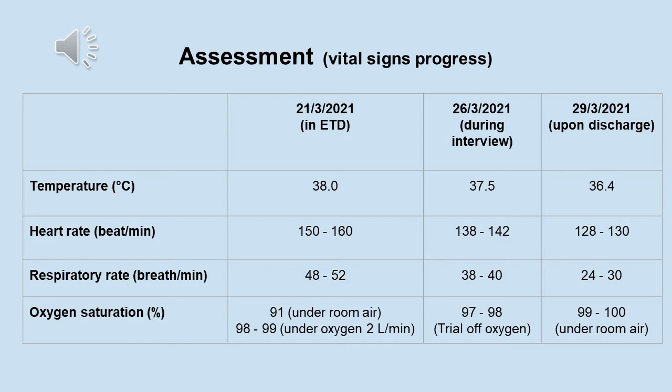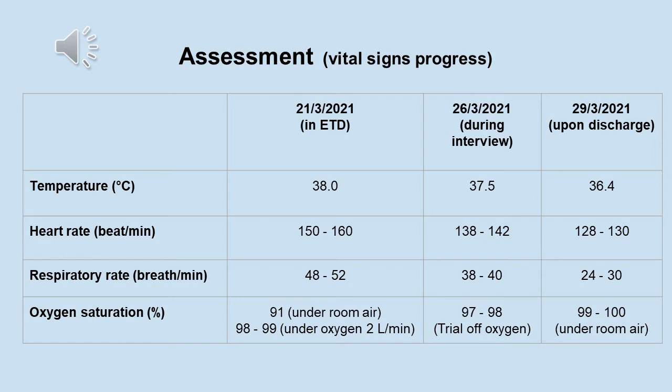Heart rate was 150 to 160 beats per minute, and respiratory rate was 48 to 52 breaths per minute, which is considered tachypneic. Her oxygen saturation was 91% under room air, and 98 to 99% when she was given oxygen at 2 liters per minute.